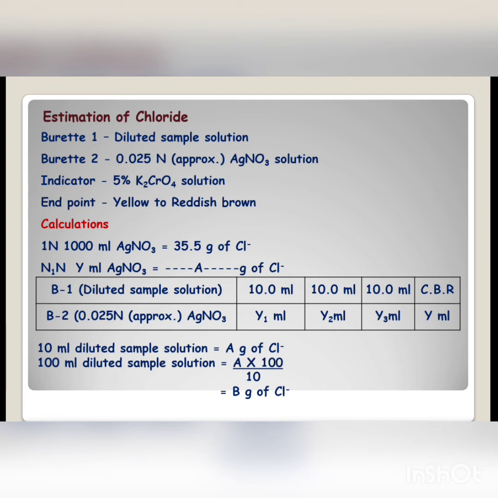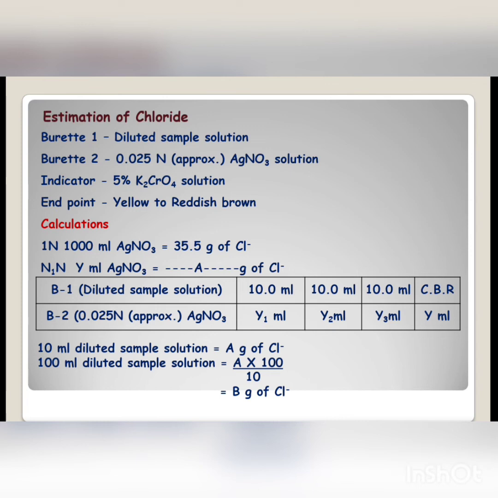Then we add 1 ml of 5% potassium chromate indicator, and we titrate that solution against silver nitrate till the end point, yellow to reddish brown color. Similar to the standardization titration, here also you will get the same kind of end point, and the reading will be different, and we will note down that reading as Y1 ml.